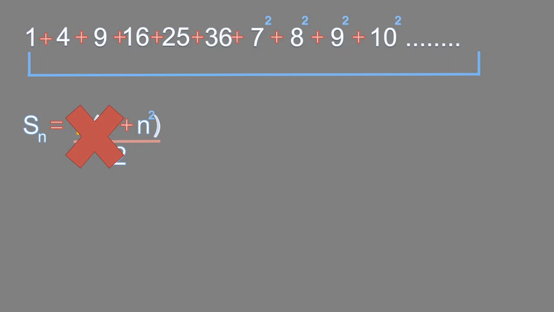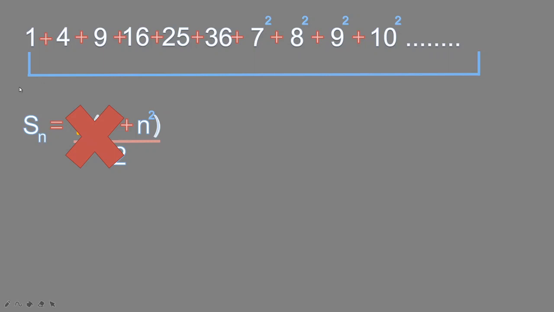Now students, if you check the difference between the consecutive terms, 4 minus 1 is 3, 9 minus 4 is 5, 16 minus 9 is 7, 25 minus 16 is 9. And so you see that the difference just keeps increasing. So there is no common difference. And if there is no common difference, it is not an AP. Also, if it is not an AP, then we cannot use this formula. Do you understand it? So therefore, we have to look for some other thing to do.